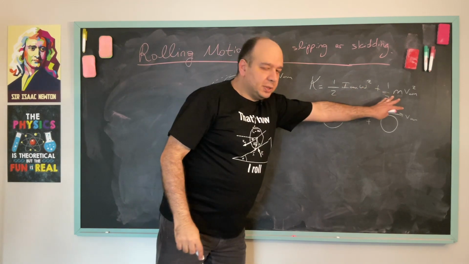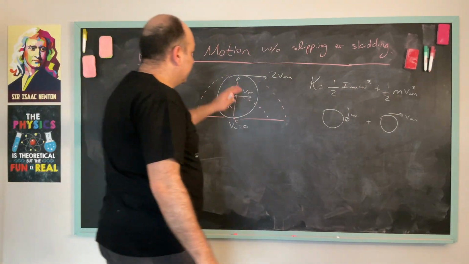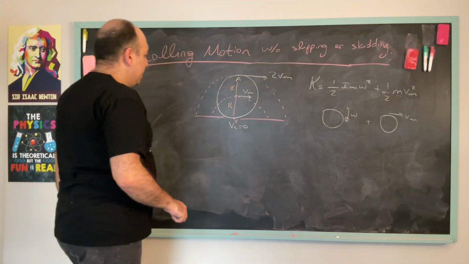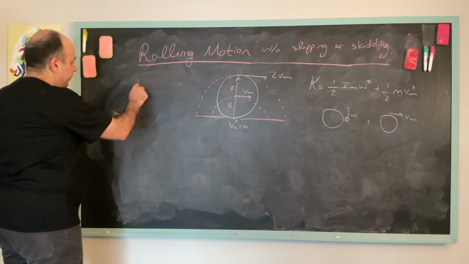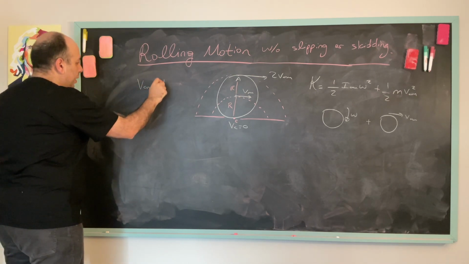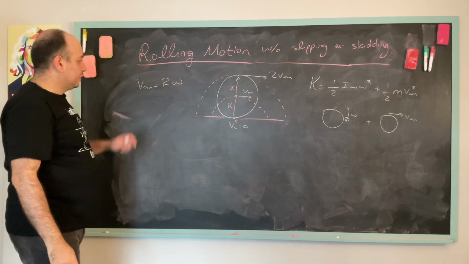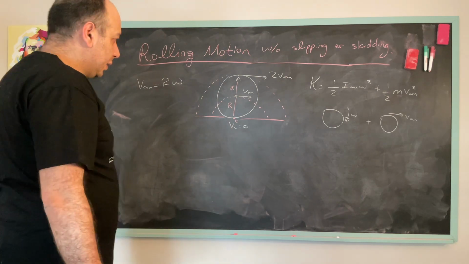So this expression is generic, right? It is true for any rolling motion. Okay, speaking of rolling without slipping or skidding, we actually require that the rotation is connected to the translation through this relation. V center of mass is equal to R times omega.